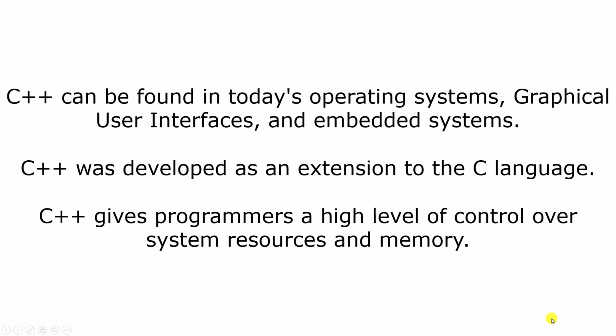C++ is an OOP or object oriented programming language, which gives a clear structure to programs, and it also allows code to be reused. Okay, now I think this is enough about the language itself. Now let us go ahead and start to program in C++.